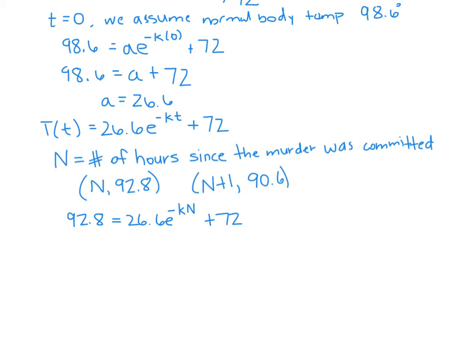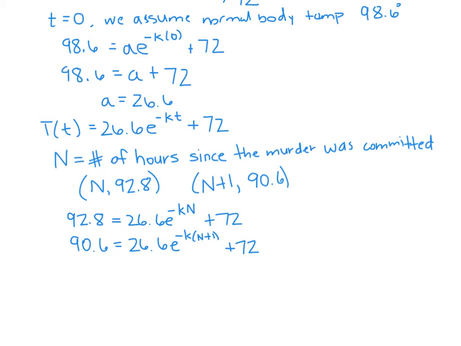And then an hour later, the coroner gets 90.6 as the temperature. So that's going to be equal to 26.6 e to the negative k times n plus 1, since it's an hour later, and then plus 72. Alright, so now we've got two equations, and we're going to use these two equations to solve for k.